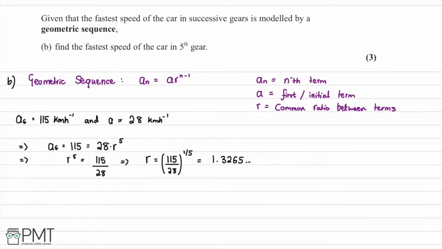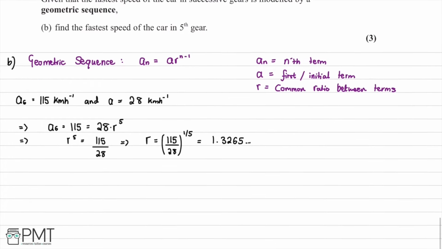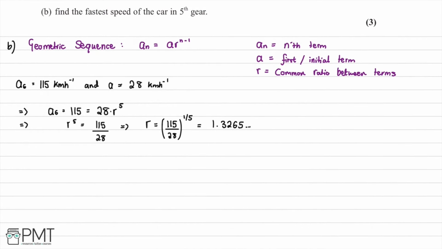So we've worked out what r is, so we can now answer the question where we're asked to find the fastest speed of the car in fifth gear. We want the fifth term, which is equal to 28, because that remains the same, multiplied by our newly found value of r, 1.3265. I left the value stored in the answer part of my calculator, so I'll just write dots to show that we've used the full decimal places.